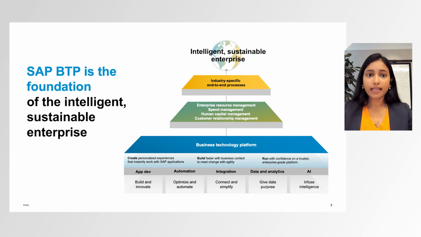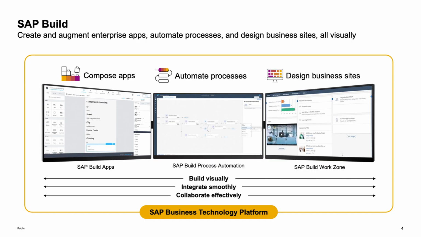Then giving data purpose by integrating, storing, cataloging, preparing, modeling, and sharing your data to derive actionable insights and planning with BTP data analytics and planning services and products. And finally, infusing intelligence into business processes to realize your intelligent, sustainable enterprise with intelligence services and AI models.